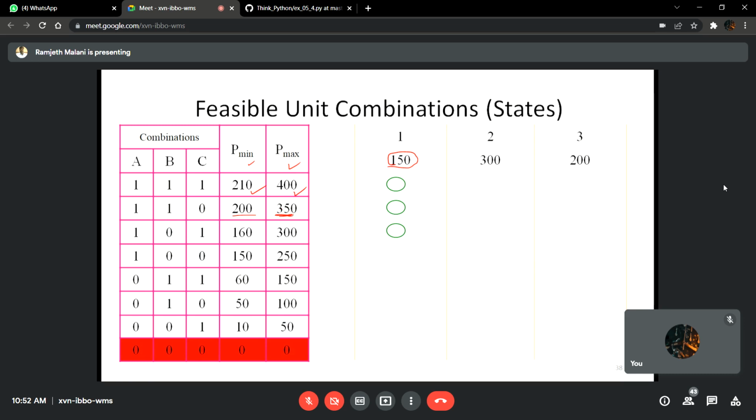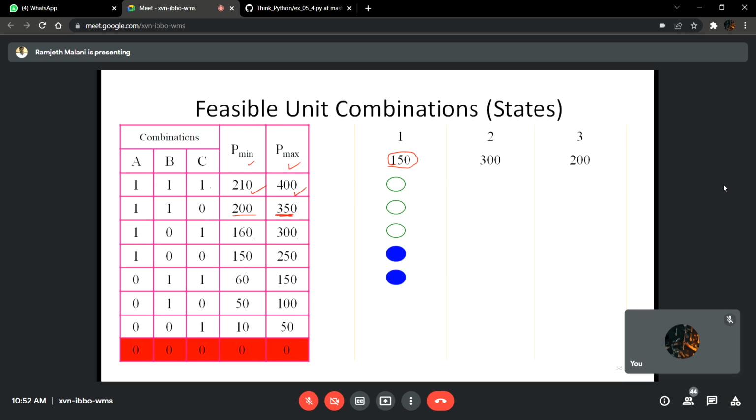The sum of maximum generation values for generator 1 and generator 2 is 350. Similarly, I have written all the possible minimum and maximum generation. Okay. Now, first hour demand is 150 megawatt. We have not considered losses.